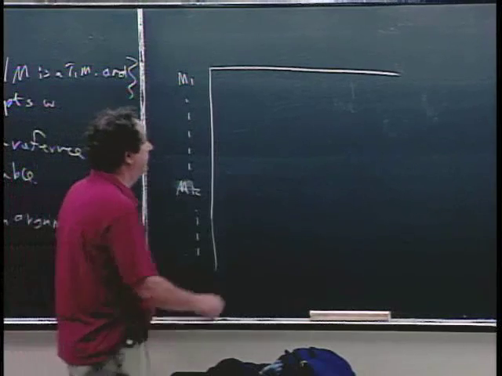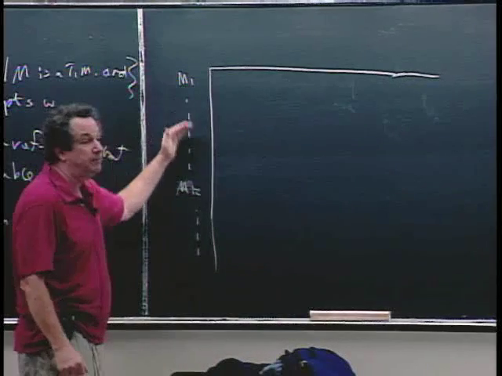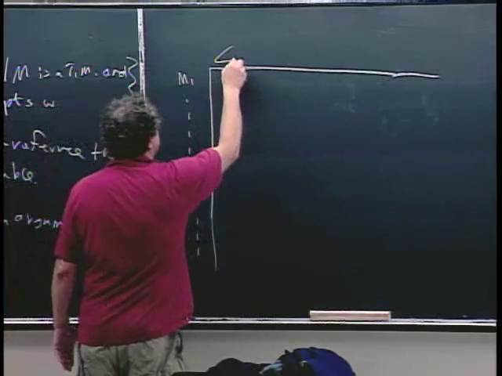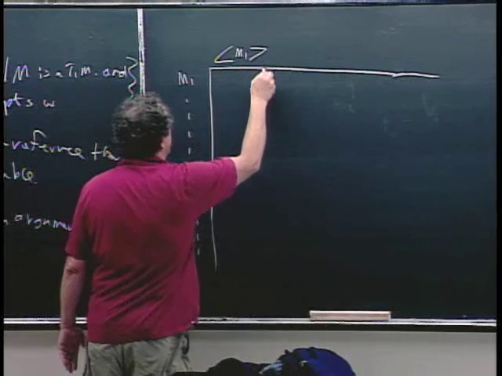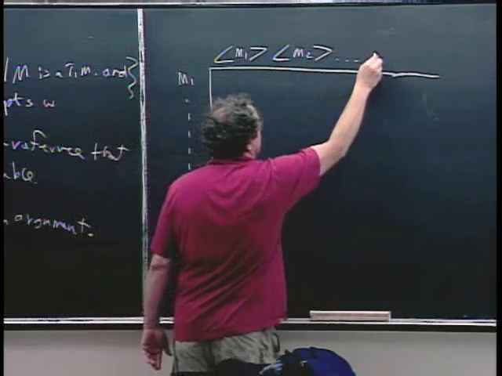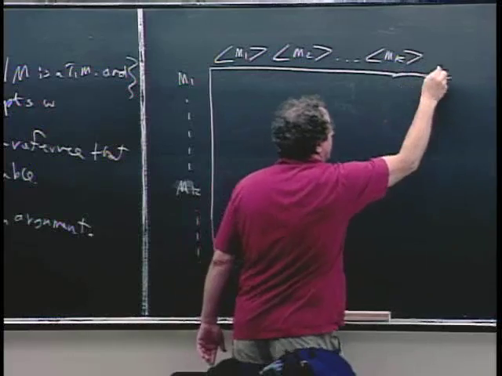And what the book then considers as input, it restricts to the following kinds of input: a description of M1, a description of M2, and so on, a description of MK, and all the way down.